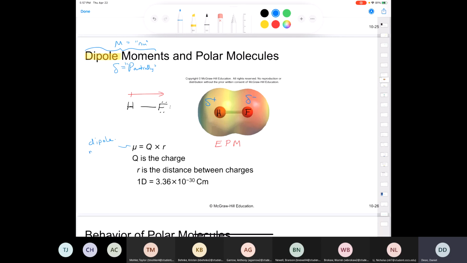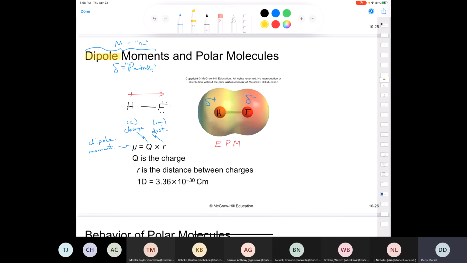Dipole moment is calculated as charge multiplied by distance between the charges. So here we have the charge, and here we have the distance. The charge is measured in coulombs. The distance is measured in meters. So when we get coulombs times meters, that gives us what's called the units of Debye.